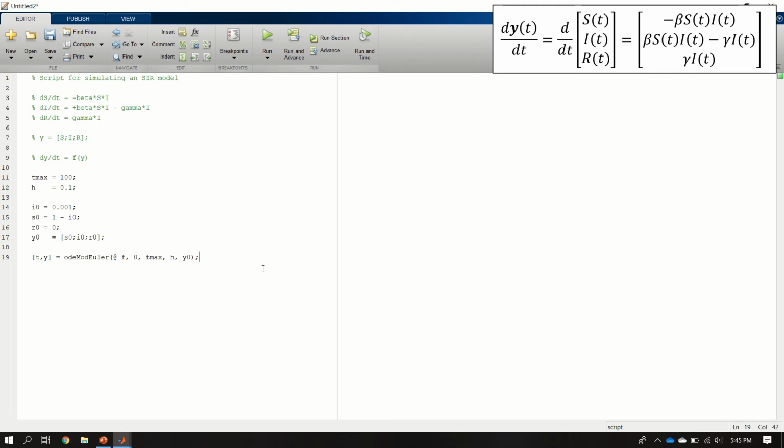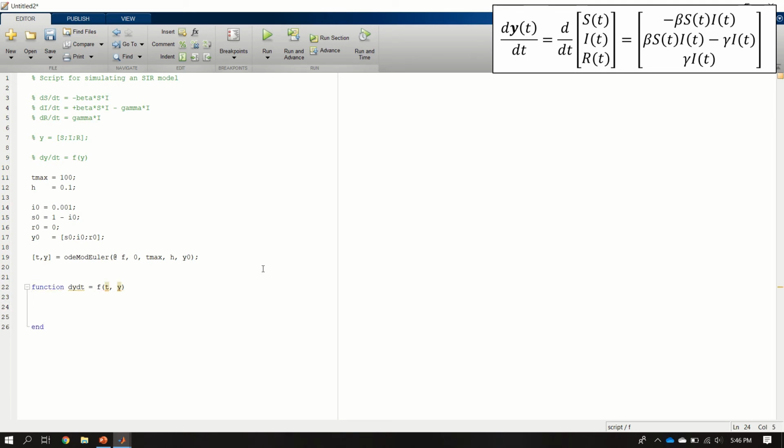So let's write up this function, and for brevity I will just put it here. So we have the function and the output of this function, let's call this dy dt, is f of the independent variable t and the vector solution y. End.